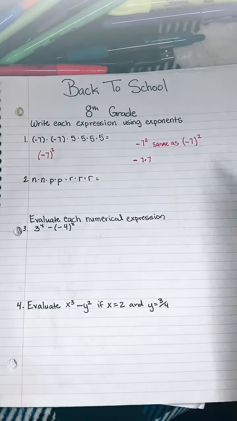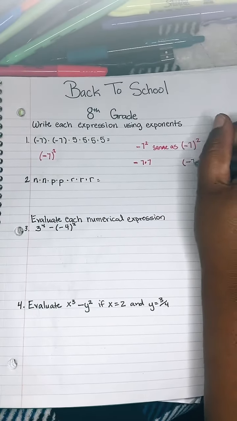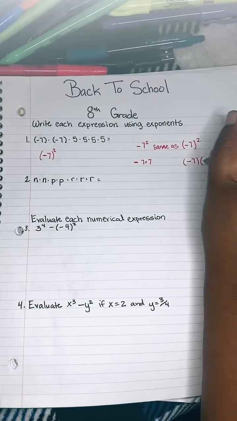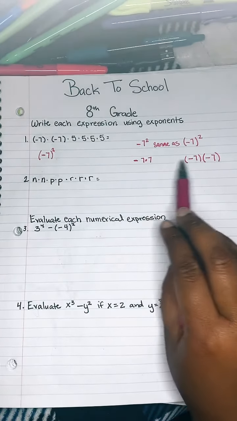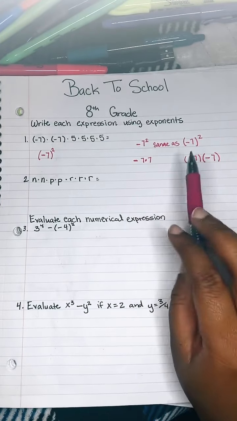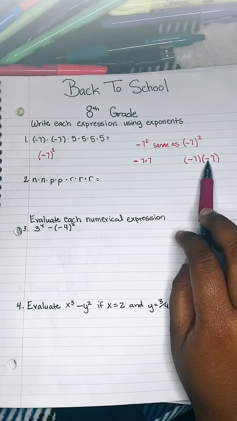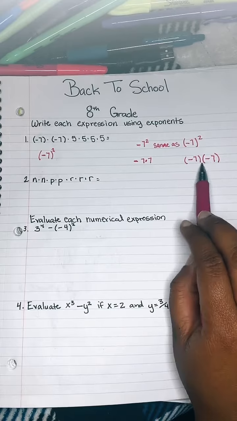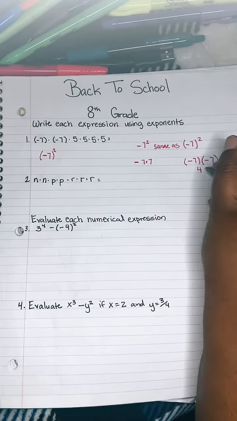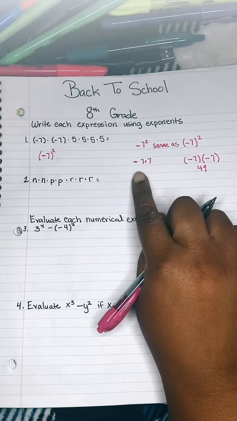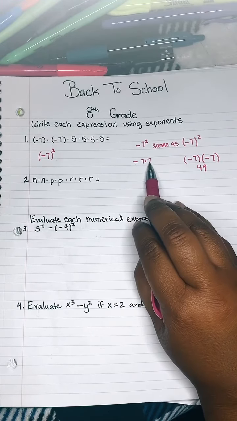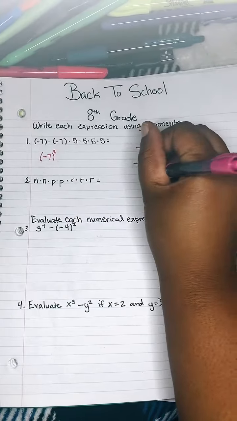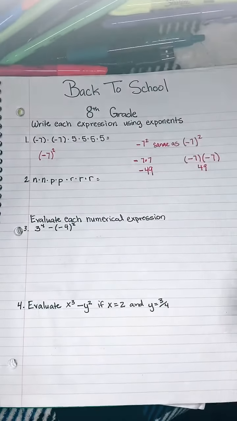Versus here is a negative 7 times a negative 7. These are two different things. A negative times a negative is a positive, and we get positive 49. Versus here, we have a negative 7 times a 7, and this gets us a negative 49.